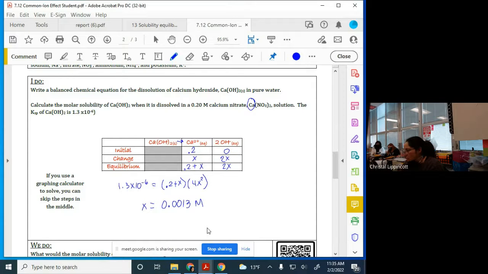So they will have all of that solved for you, so you don't have to worry about that. So that's the molar solubility. When they ask for molar solubility, they're asking for the X value for this equation.